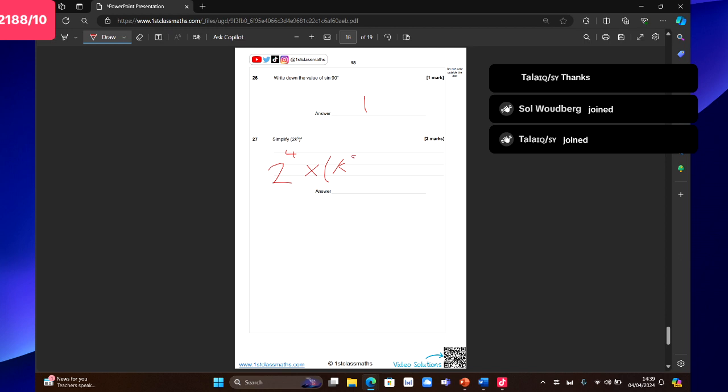So I'm going to split that into 2 parts. 2 to the power of 4 is 2 times 2 times 2 times 2, which will be 16. And then k to the power of 5 all to the power of 4. When it's a power to a power, we multiply the powers. It'll be 16k to the power of 20.